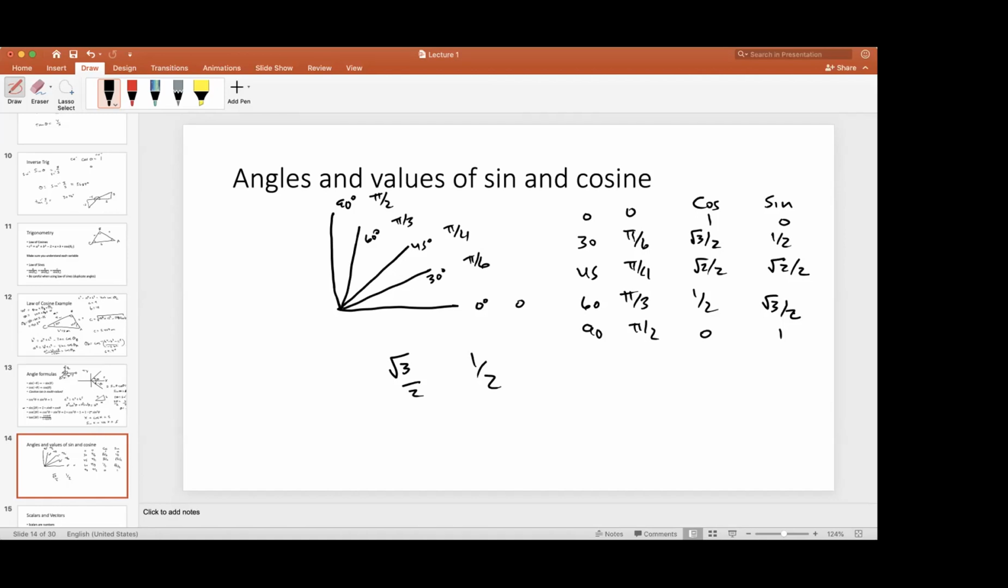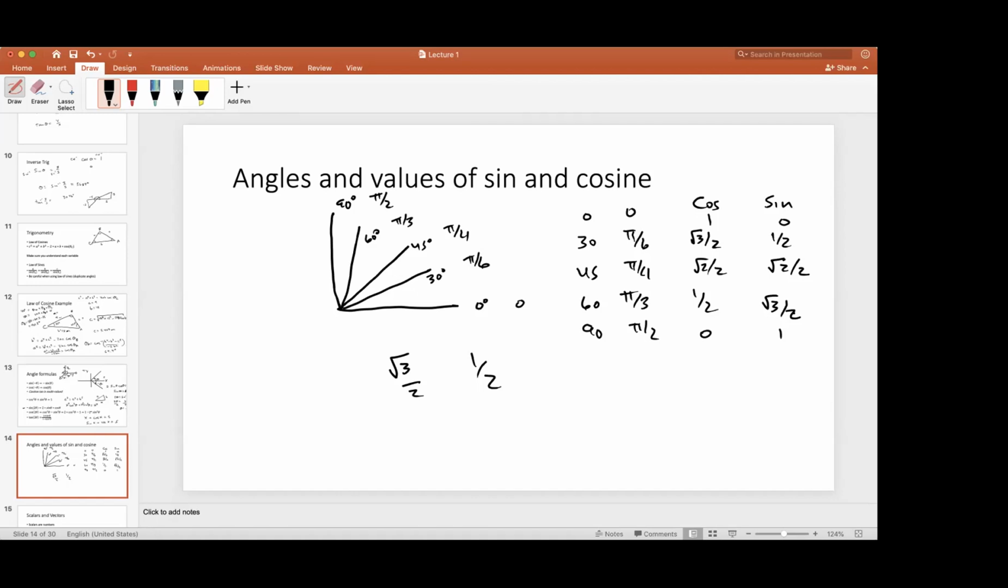If you need cosine of 45 degrees, you know it's root 2 over 2. Or it's 1 over root 2. If I multiply top and bottom by root 2, I get root 2 over 2 times root 2, and the 2 cancel.